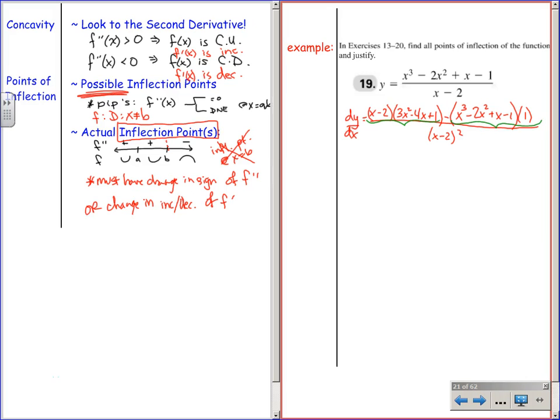Wouldn't it be nice if something was shared that we could pull out? Would have been nice, but is there anything shared?